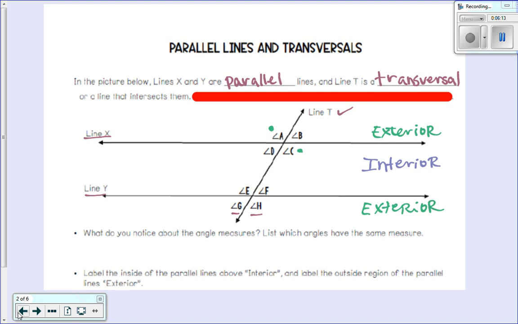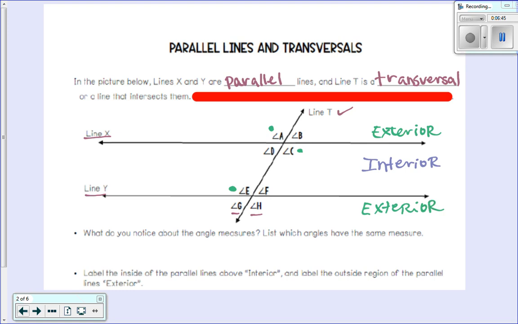If we're looking at angle C, alternate interior, so the opposite side, where would that be? Angle E. Good. With the same color, go ahead and mark angle E. We should have these marked in the same color. Are we good with that? Is there another pair of alternate interior angles that we can name?